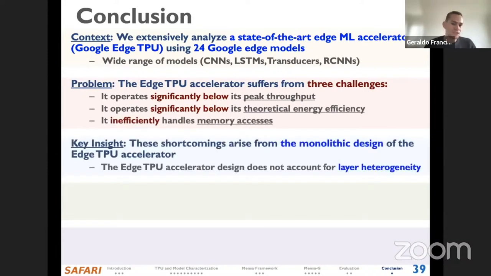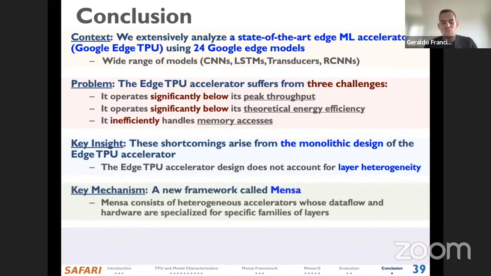The key insight from our analysis is that all of the shortcomings come from the fact that the TPU accelerator uses a one-size-fits-all monolithic design, which does not cater for the layer heterogeneity and model heterogeneity of all of those neural network models.